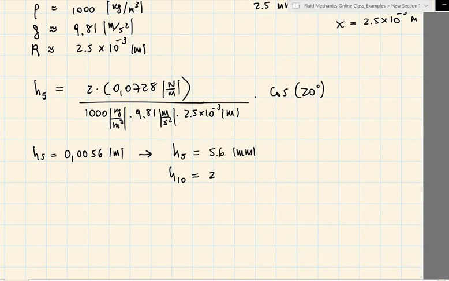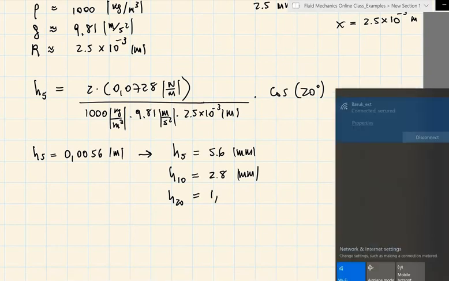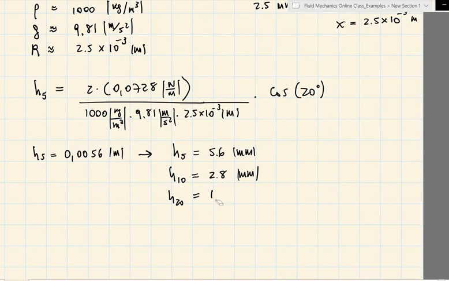So 5.6 here and 2.8 millimeters. For a diameter of 5 millimeters, which is a very thin tube, we have 5.6 millimeters. For a diameter double the other one, it is 2.8 millimeters of height. So you raise less water when you have a wider capillary tube.